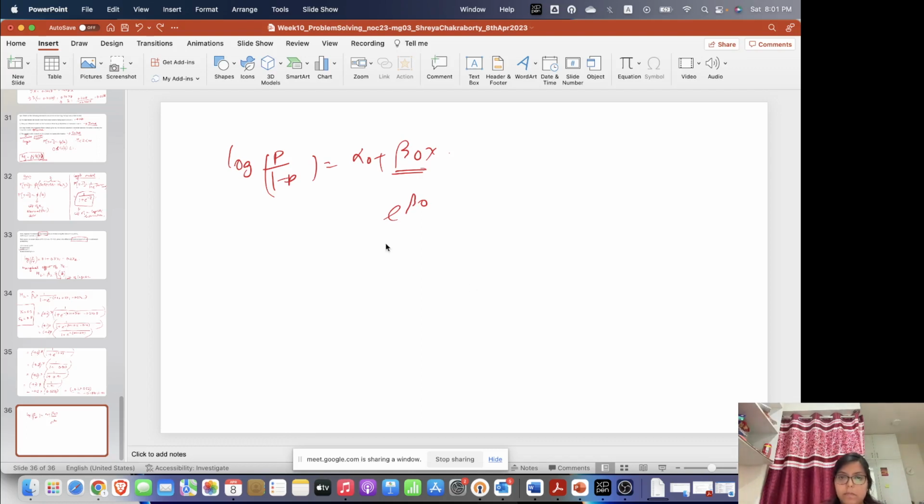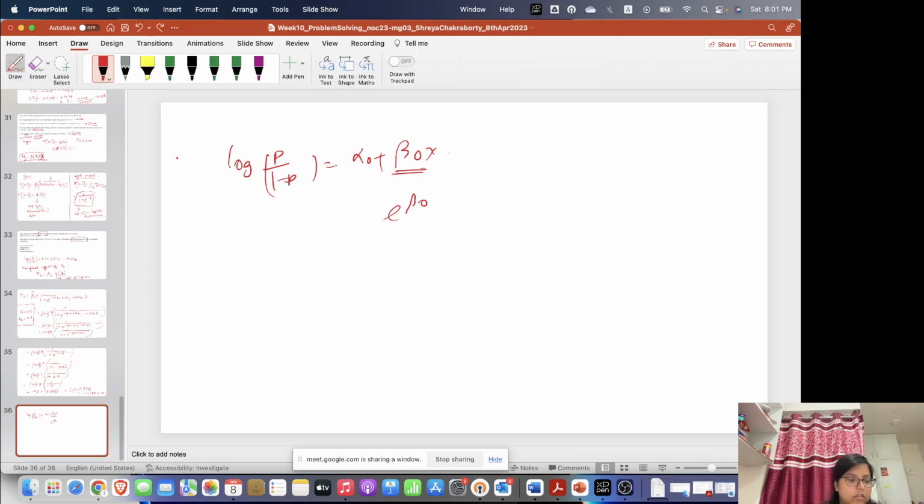Whatever this beta naught is, beta naught is log of p by 1 minus p when x equals something.